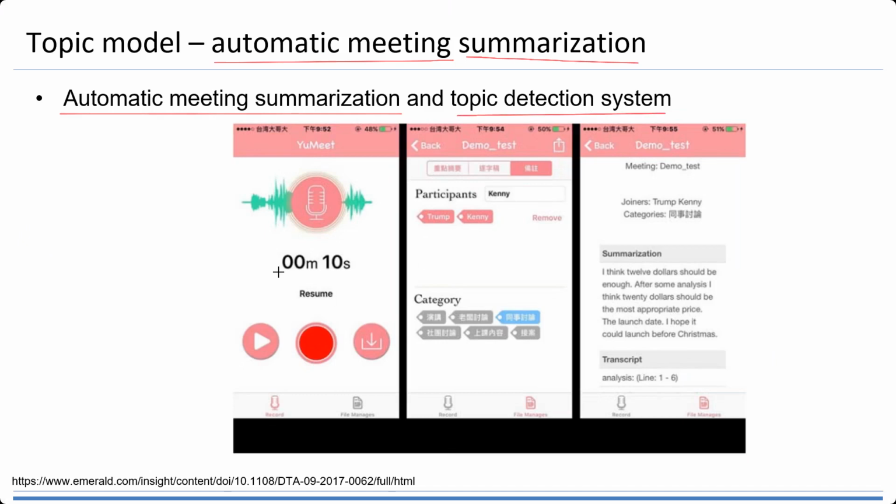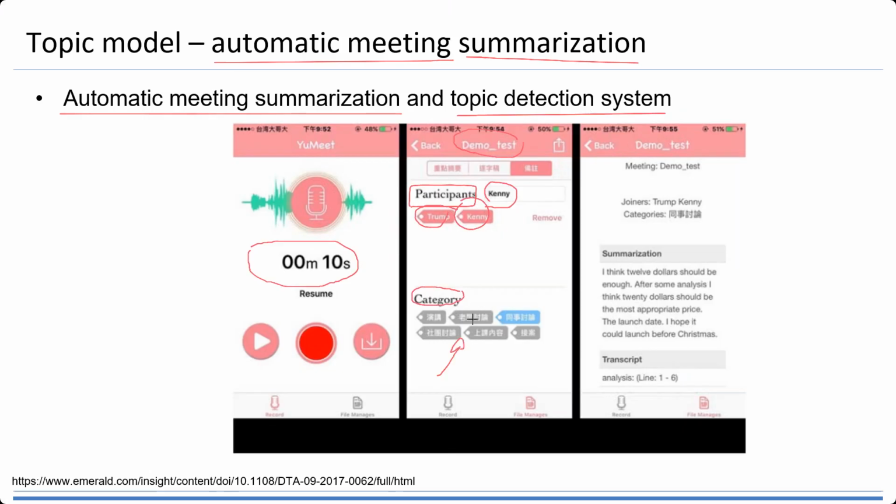So if you record all the audio, the system can recognize who the participants are. So they can recognize the names. Okay, there are two participants, Tram and Kenny, for example. And then they can make the category: what is the discussion about? Okay, the category will be about this one.